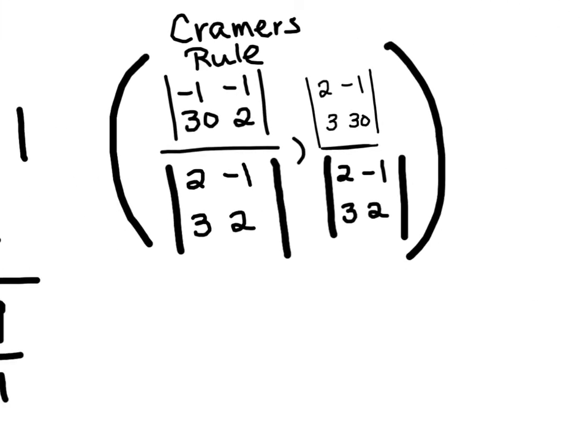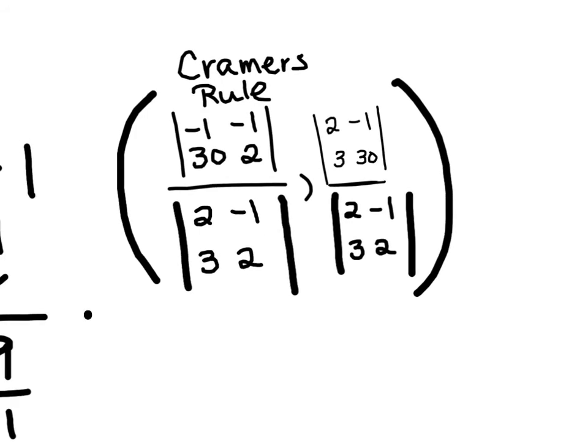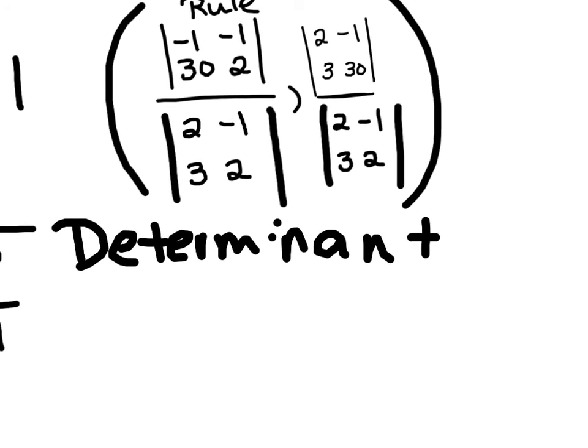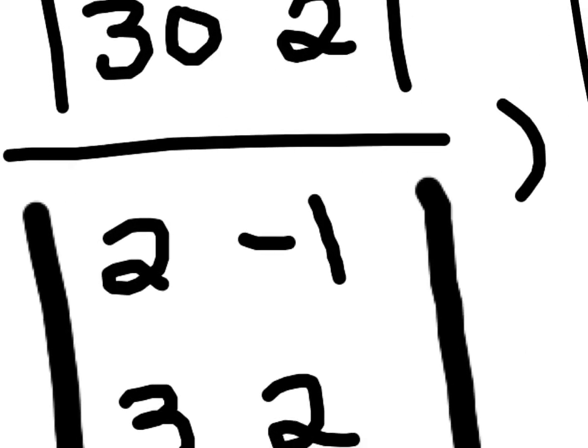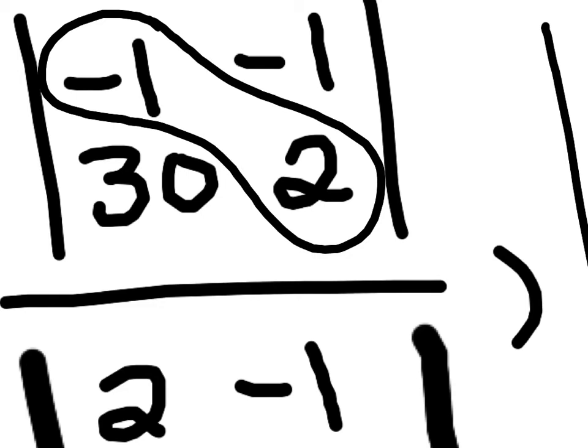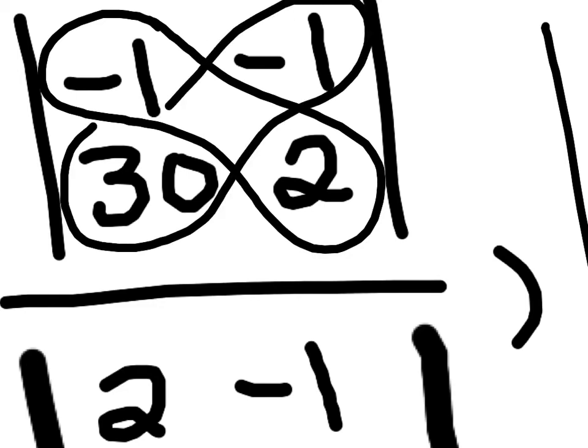So that sets me up with Cramer's rule. Then I have to find the determinant of each matrix here. So you actually will go diagonal. So I go this way, and I multiply those together. And I would multiply these together and subtract.